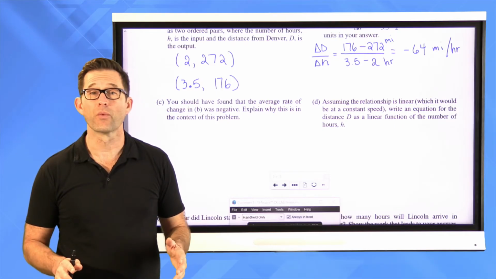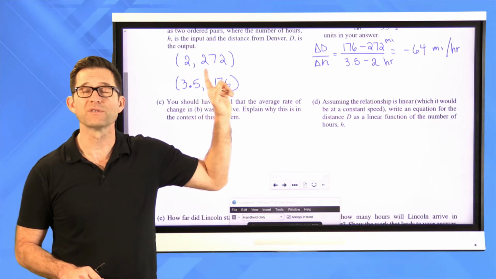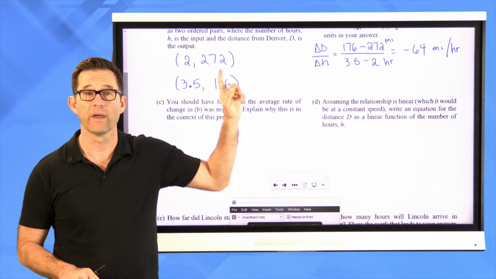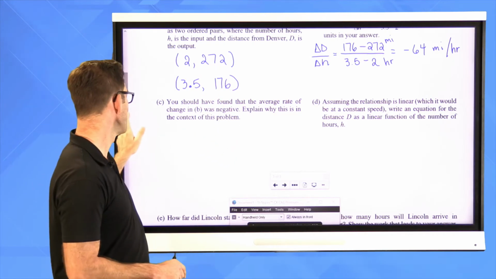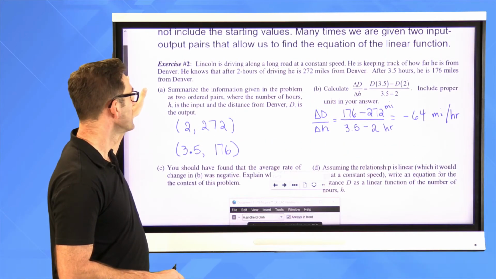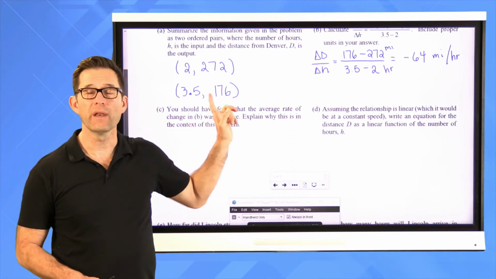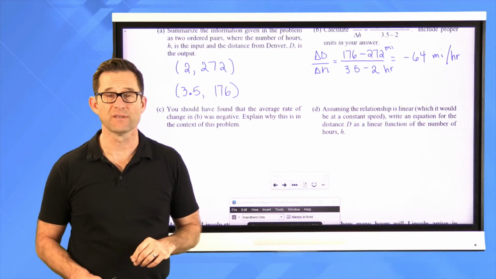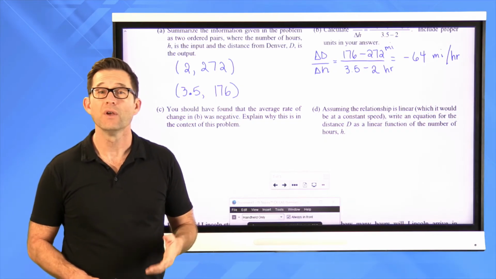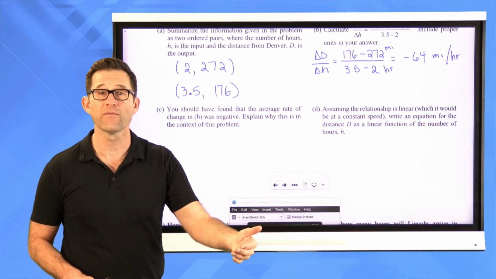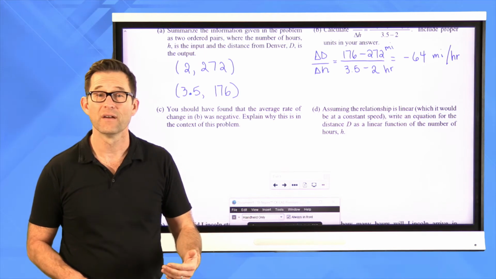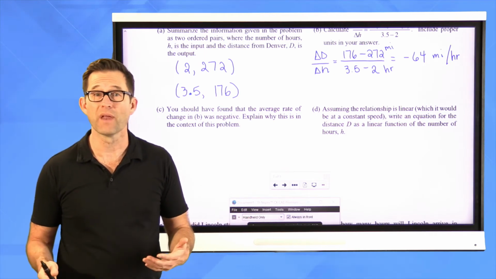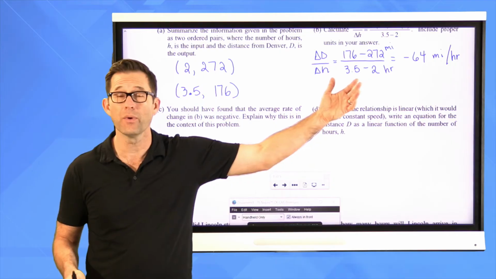Well, it's pretty simple, really. At 2 hours, Lincoln is 272 miles away from Denver. I think it was Denver, wherever it was. And after 3.5 hours, Lincoln is 176 miles away from Denver. So his distance away from Denver is decreasing, and therefore the slope should be negative.